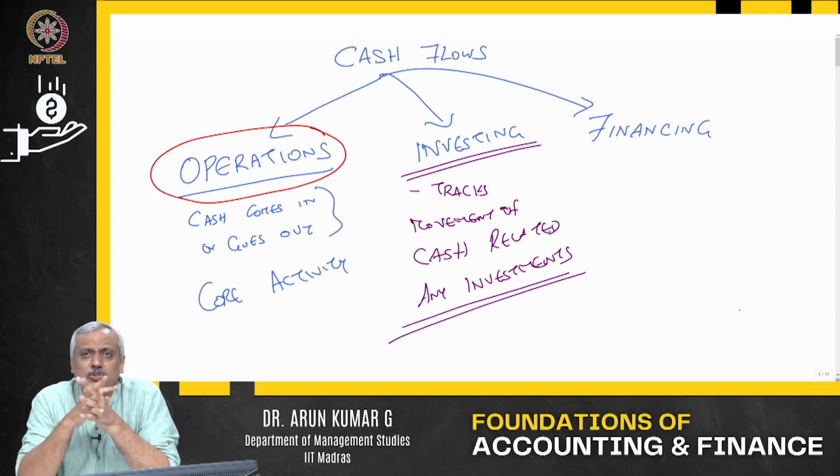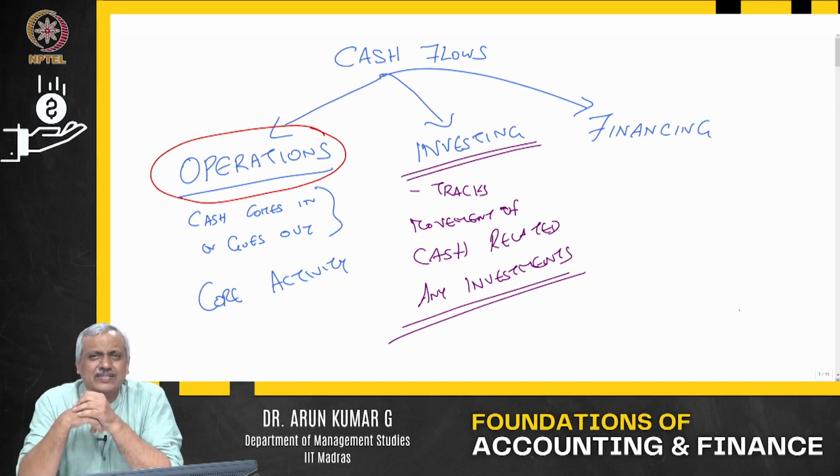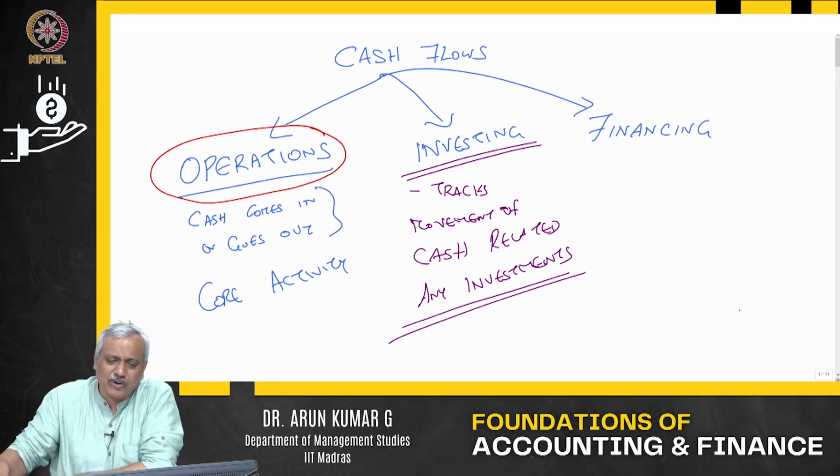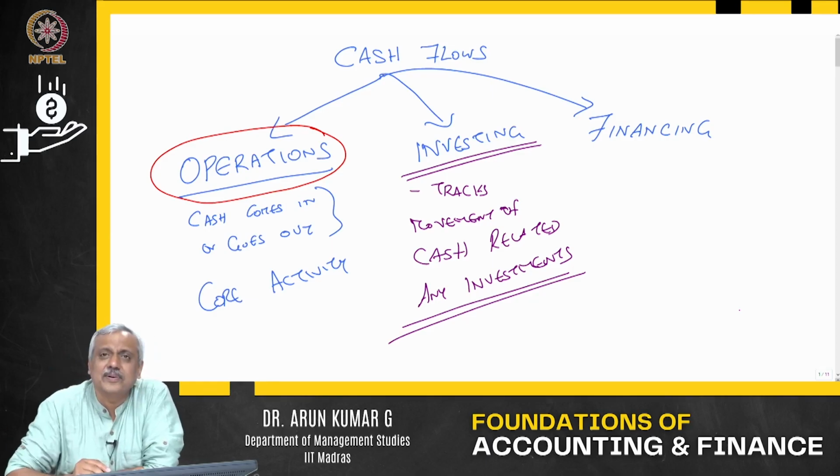The deposit matures, the money comes back to me, cash inflow because of investing. Interest, yes, cash inflow because of investing. I am not worried about profit or loss here. I am worried about cash coming in and cash going out, and that is what we call investing activity.